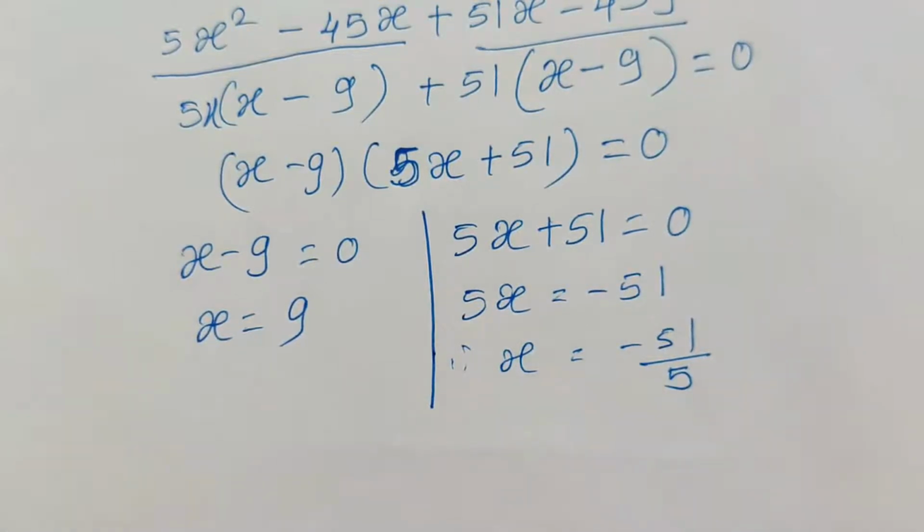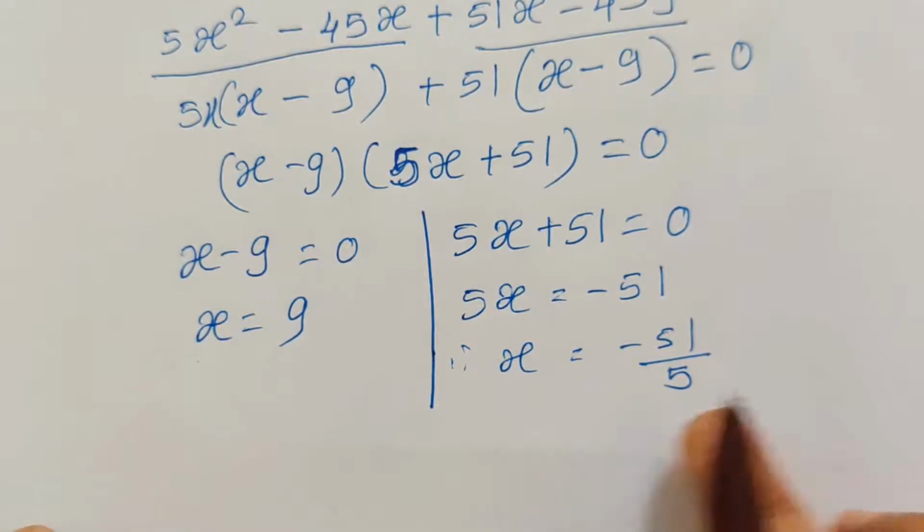But minus 51 upon 5 is not a natural number, because in the example it is said 460 is divided by a natural number. Minus 51 upon 5 is not a natural number, so the correct answer is 9. So the divisor is 9.